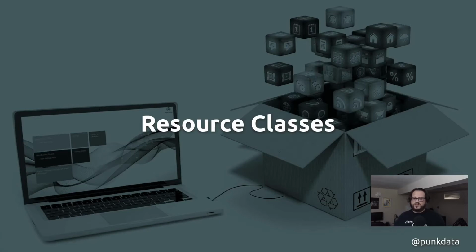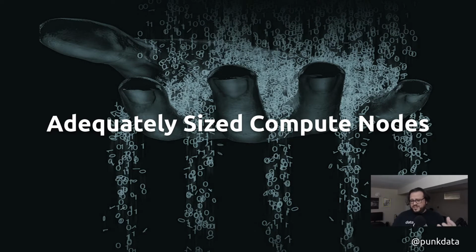And the definition I'm using for resource classes is basically the compute nodes, right? So when you're running CI/CD tooling and automation, you're running this in a server or in a compute node on a cloud provider. In any case, we're running code, right? Because the automation just dictates it.